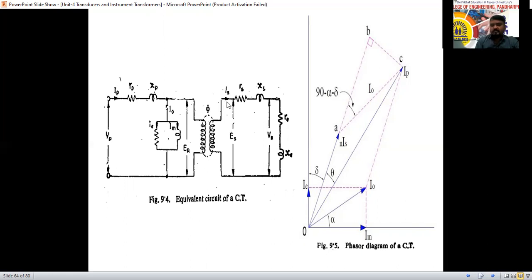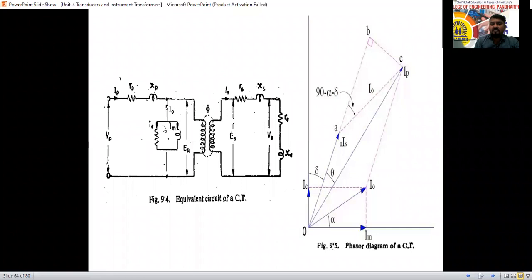Yes, we are giving the supply to the primary only, but in the secondary winding the EMF will be induced here. So because of IP only, the secondary current is produced here. So IP is the summation of I naught and N times IS, the turns ratio into the secondary current, we are going to consider here now.